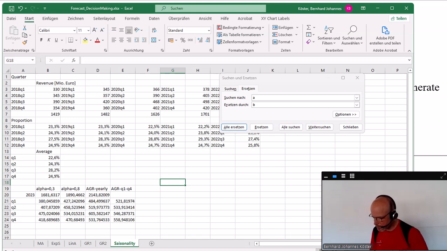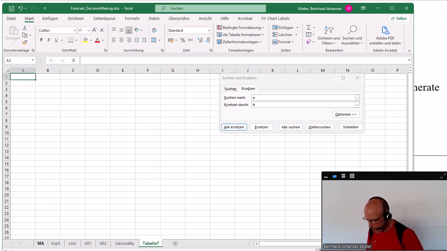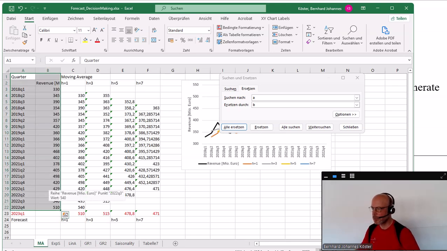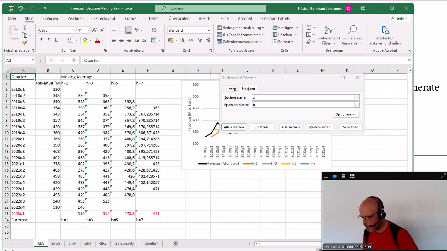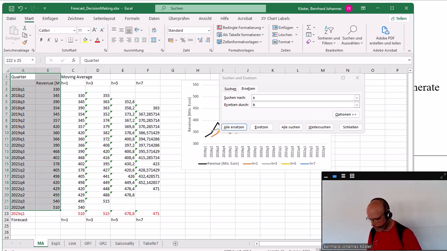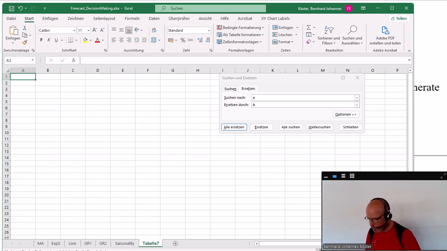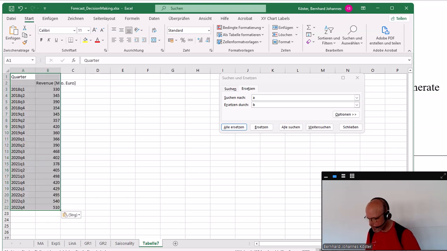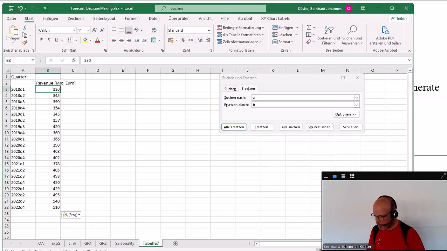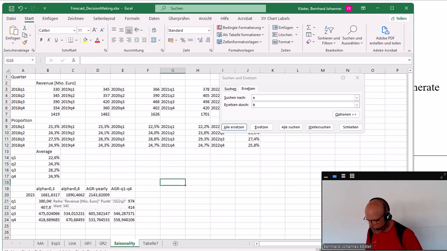And in the end, we can have a look at what these different methods mean for our overall time series. We have now 1, 2, 3, 4 forecasts.